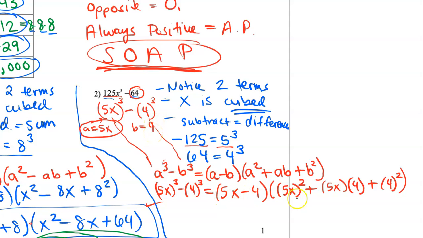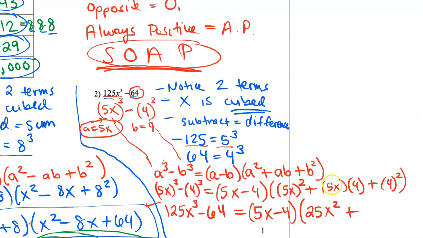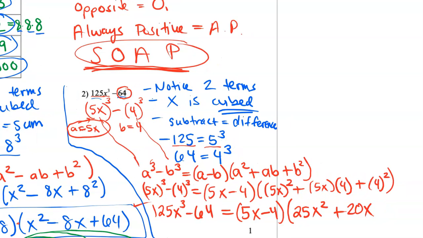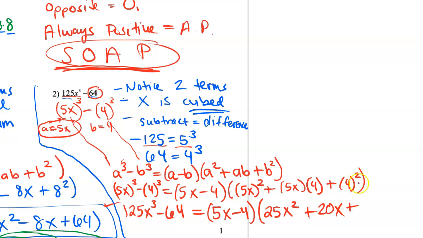Okay, I'm going to simplify this a little bit, and I'm going to write it this way. Instead of writing it as 5x cubed, even though that's what it is, I'm going to write it back the way it was. 125x cubed minus 64 is equal to 5x minus 4 times 5 squared, 25x squared, plus 5x times 4, that's 5 times 4, 20x, plus 4 squared, that's 16.